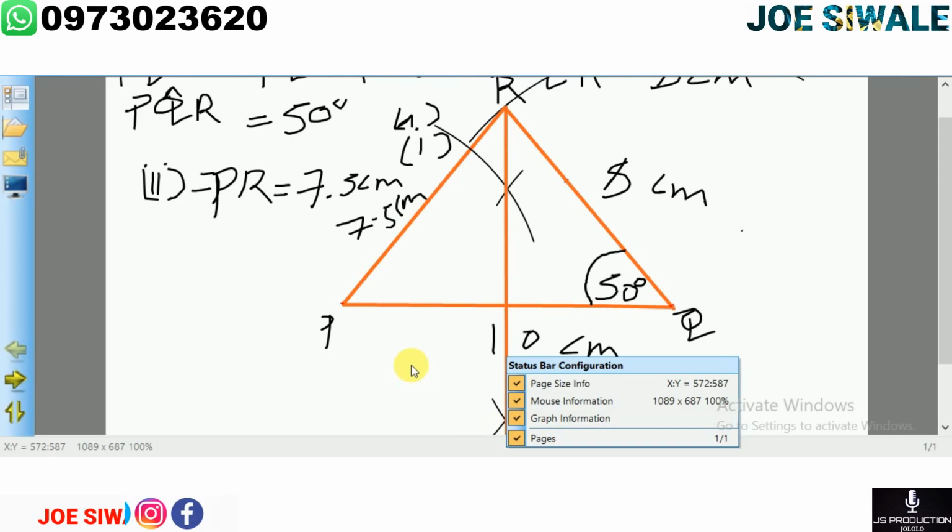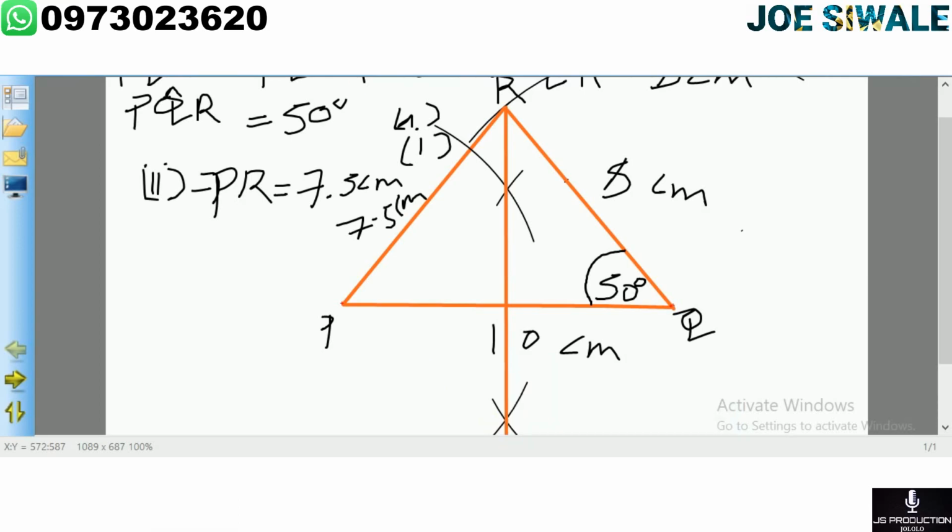And drawing this straight line, that means I've drawn the locus of points that are equidistant from P and Q, and I'll label that as B Roman numeral 1. So this is B Roman numeral 1.